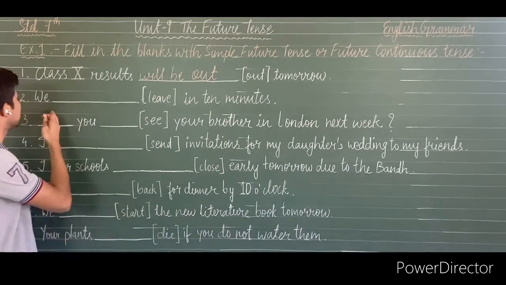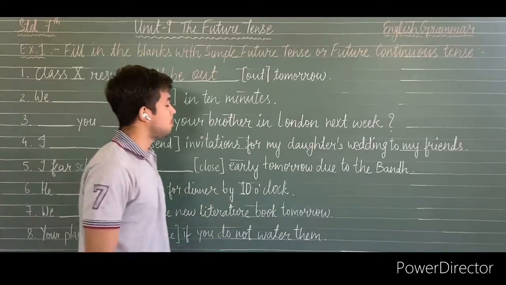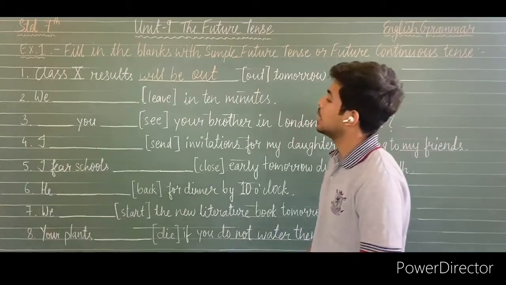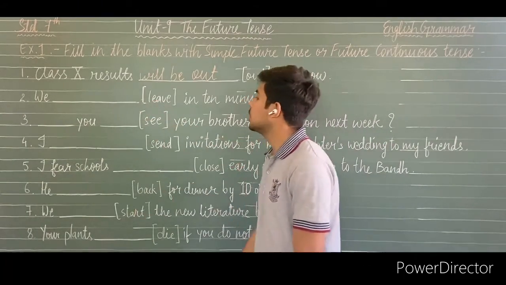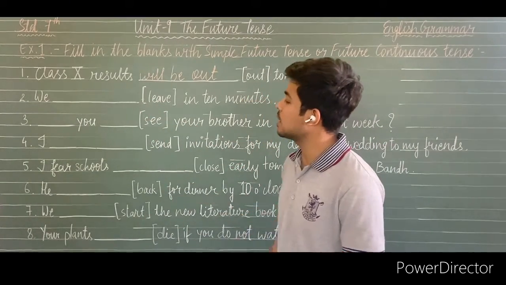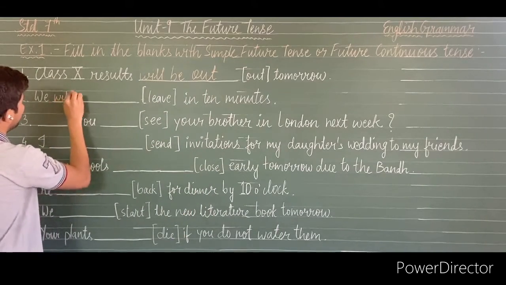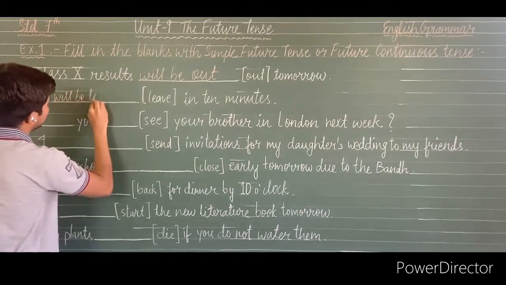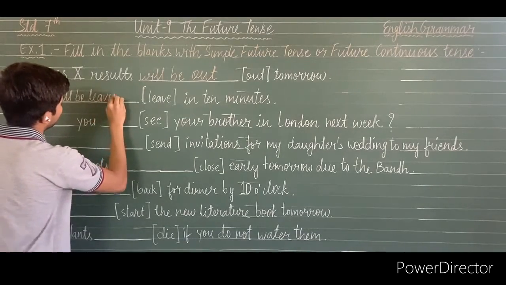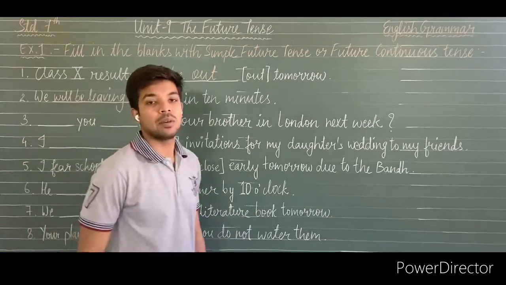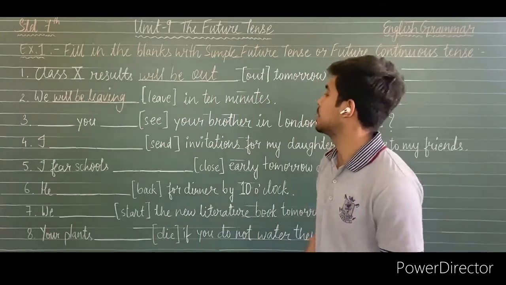Then the second one: we blank in 10 minutes. In brackets we have leave. So here we'll write we will be leaving in 10 minutes. We will be leaving in 10 minutes.